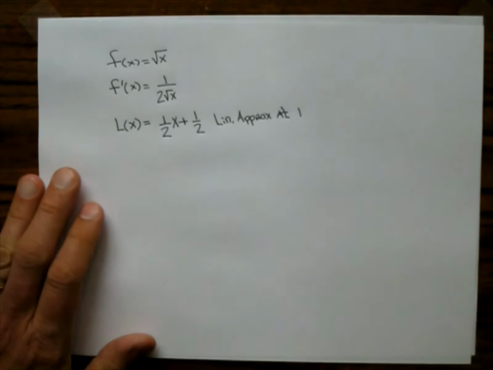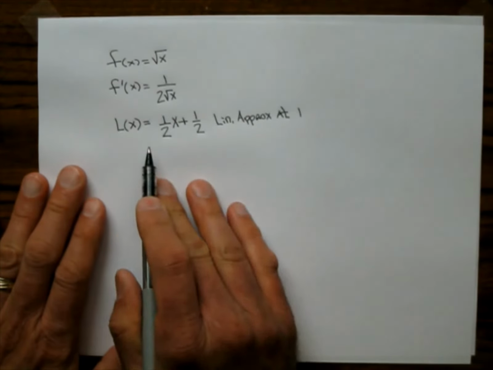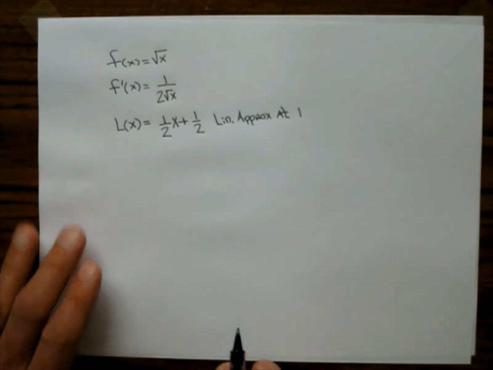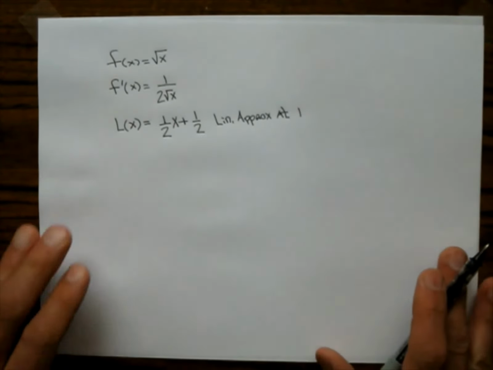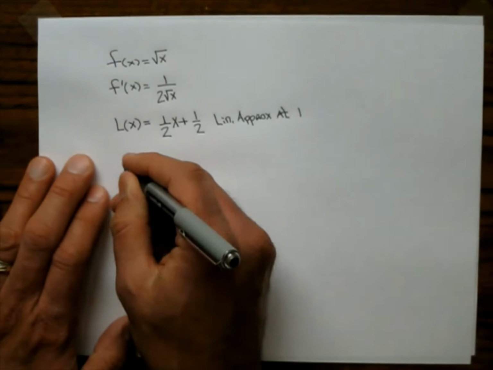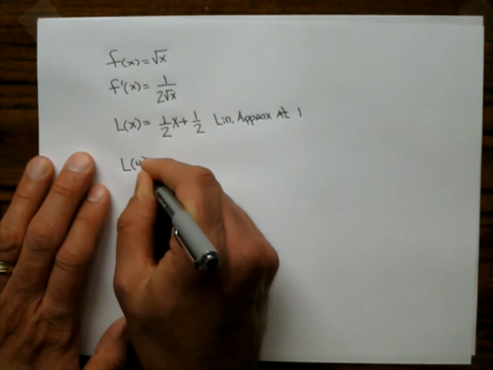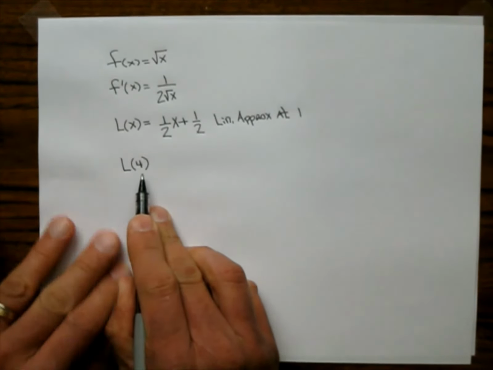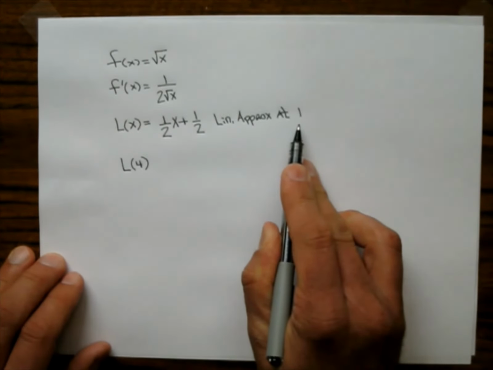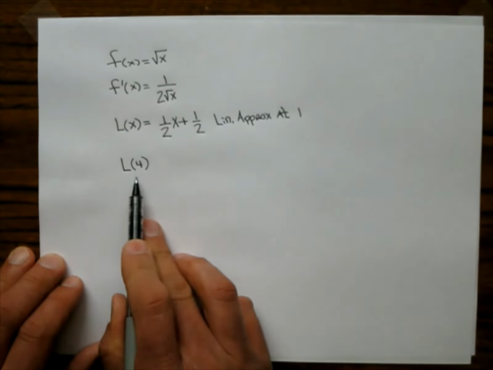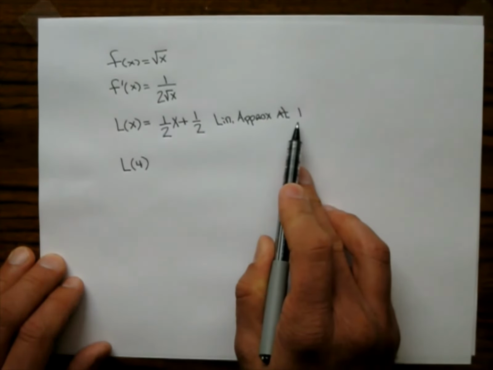And we also, you know, this is what we did. I think in our problem we approximated f of 1.1. What I'm going to do on this problem is I'm going to go ahead and compute L of 4. Now, is 4 really close to 1? And the answer is no. So I'm using this linear approximation and I'm abusing it. I'm plugging something in that's not close to 1, and that's all right.